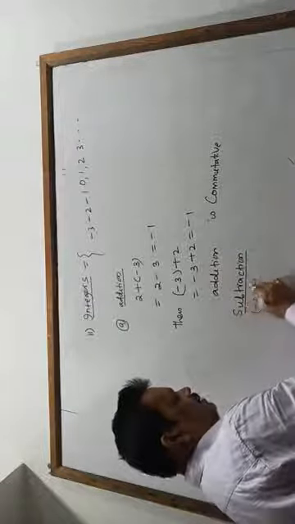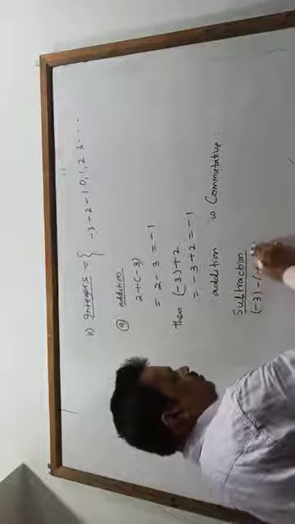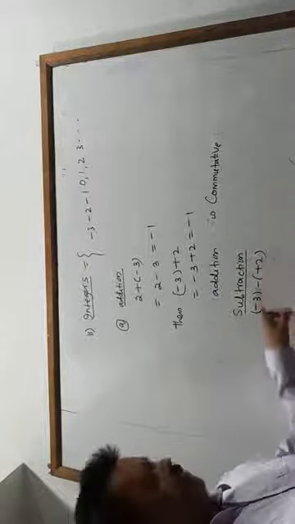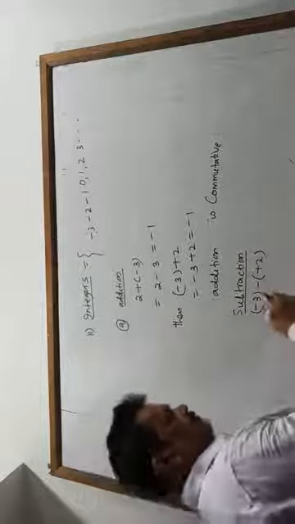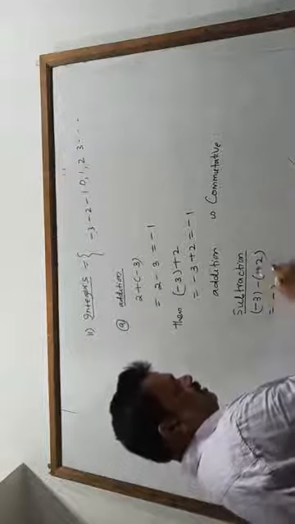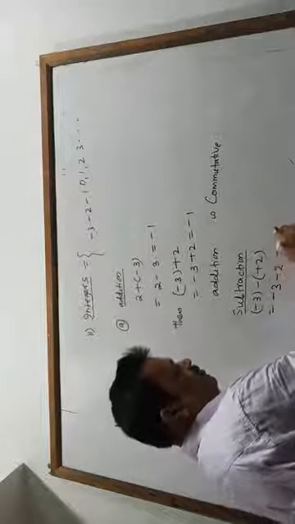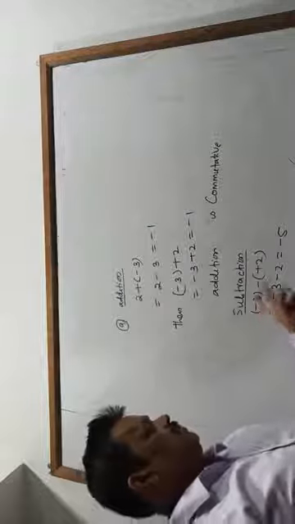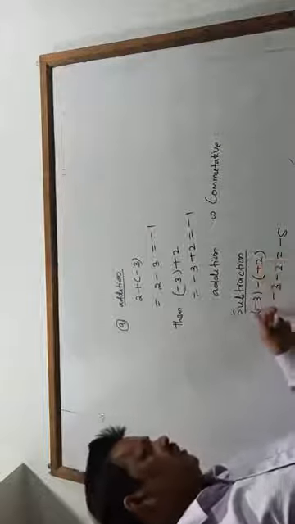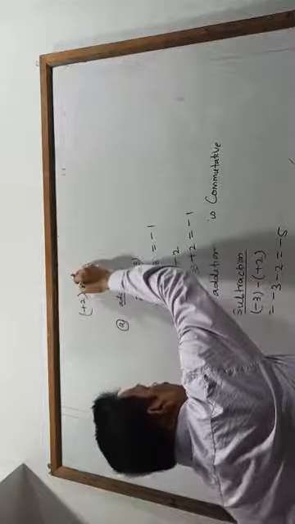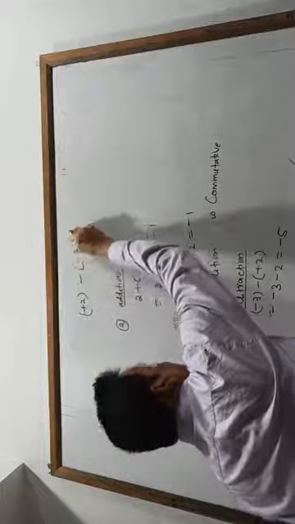Let us see subtraction. Minus 3 minus plus 2. I have taken minus 3 and plus 2. Now do subtraction. Minus 3 minus 2 is minus 5. Again you take the reverse: plus 2, then minus 3.